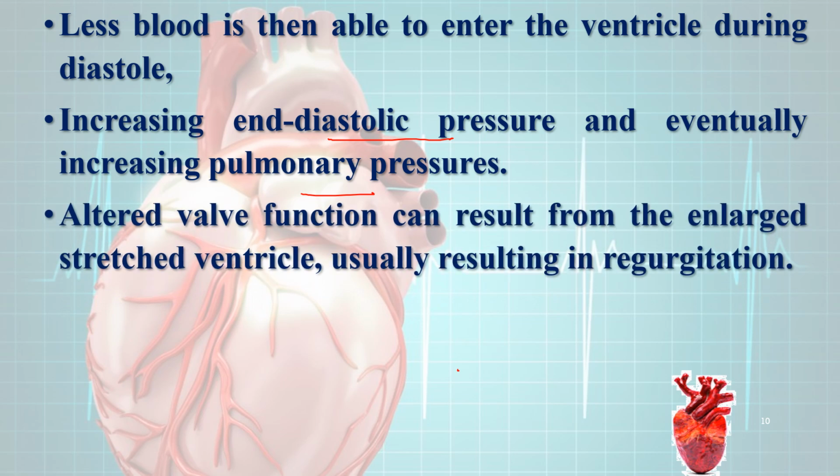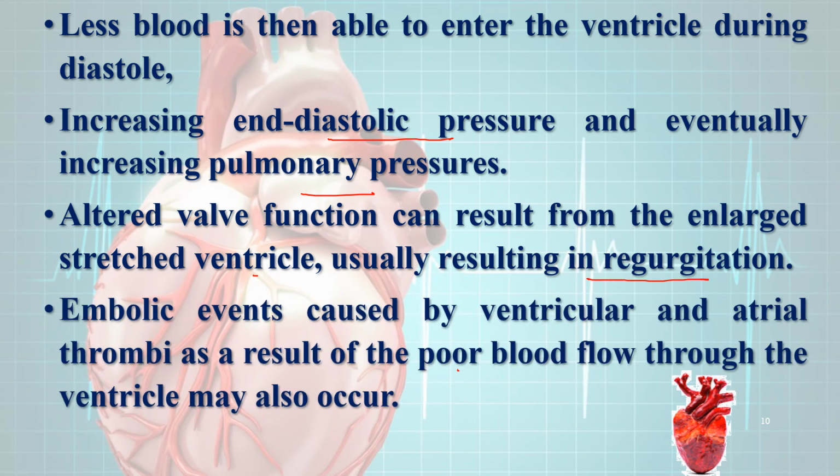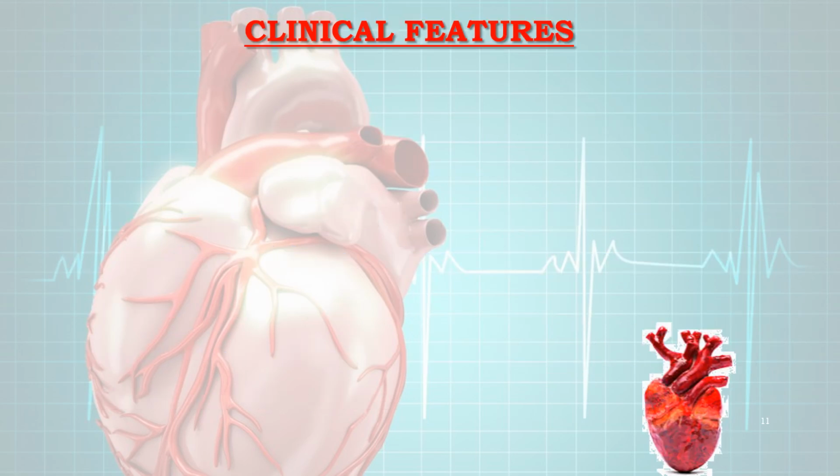That leads to altered valve function, which can result from the enlarged stretched ventricles, usually resulting in regurgitation. Similarly, because of pooling of blood, embolic events caused by ventricular and atrial thrombi may occur as a result of poor blood flow through the ventricles. So finally, there is a decreased cardiac output.